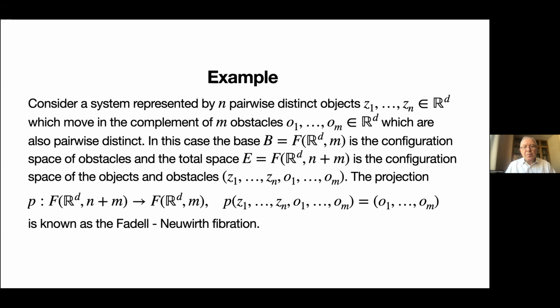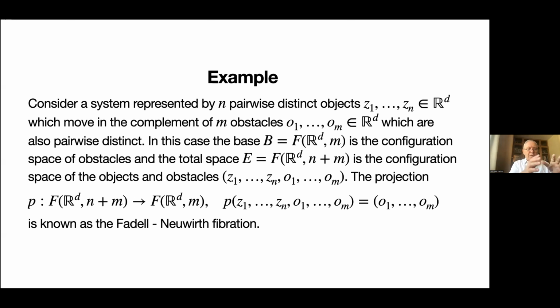We denote by F(R^d, m) the configuration space of obstacles, which is called B. So B is the configuration space of m obstacles in R^d. And E will be the configuration space of n plus m distinct points in R^d, which are represented by n robots and m obstacles.